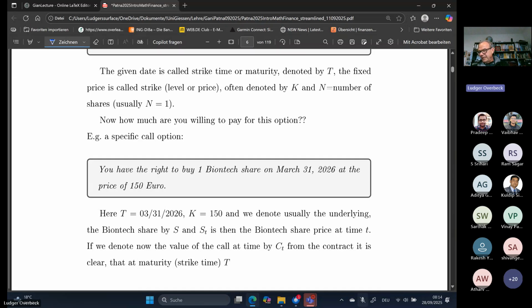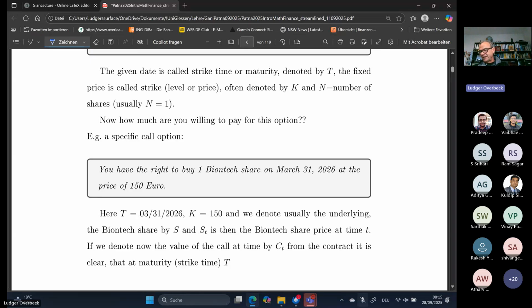But just to explain the parameters, the maturity is 3rd March 2026. Or you can just count the days. Usually it's a day count convention. So in real life, if you do it in a bank, it just counts the days until maturity.